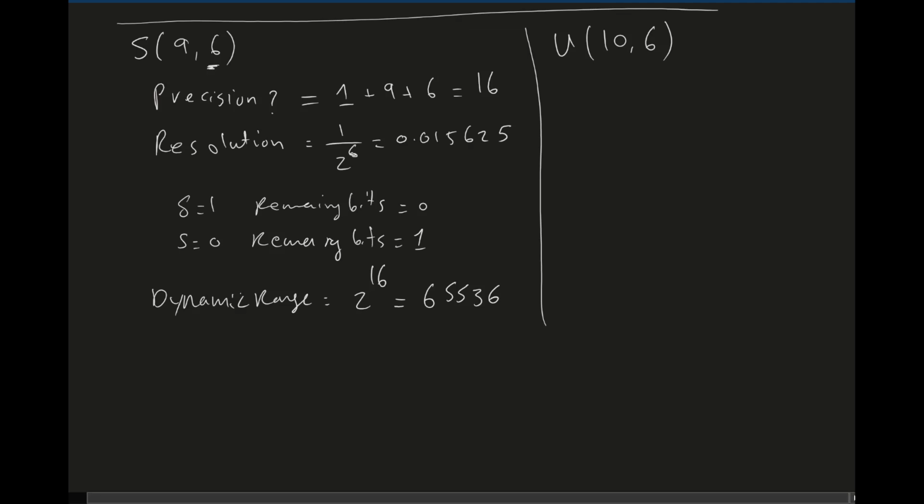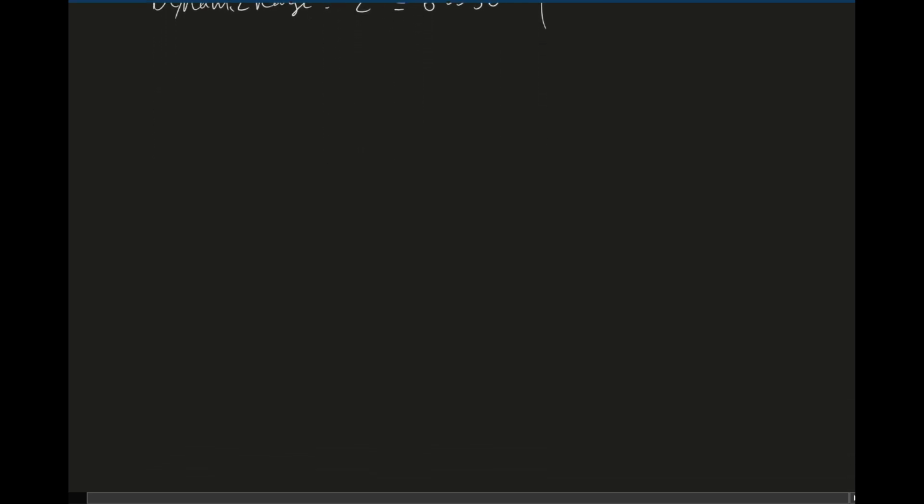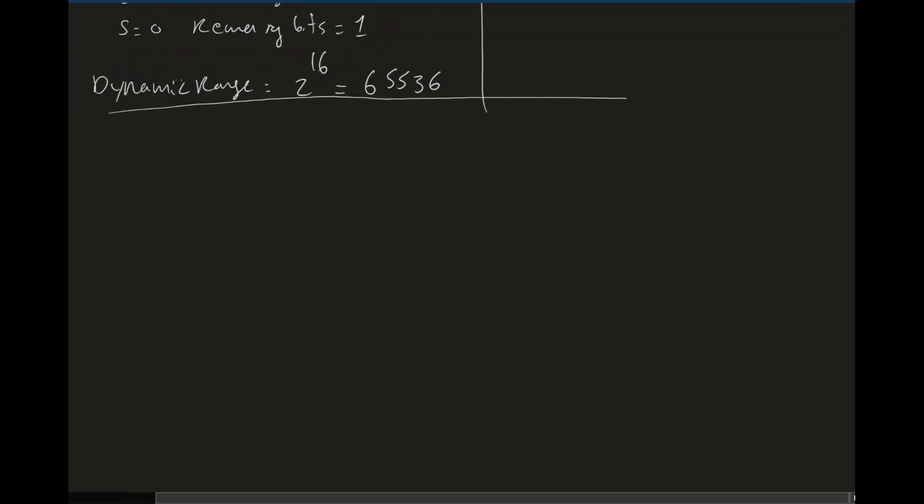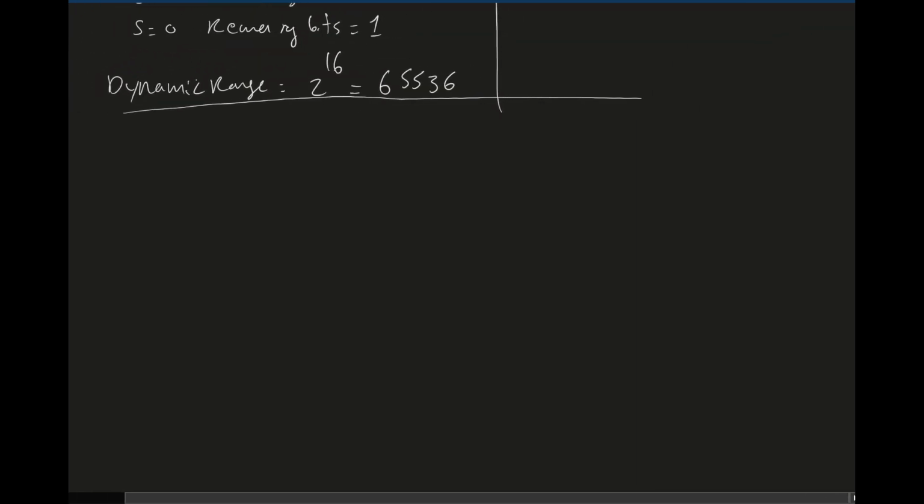The last thing I will mention here is that if you're doing mathematical operations on fixed point representation, you need to be aware of the number of bits that are required for the result to be stored. And this is just like any mathematical understanding.